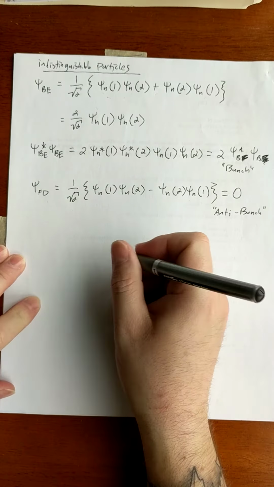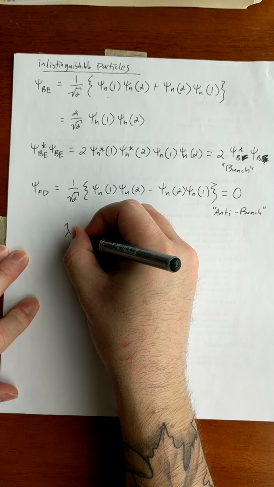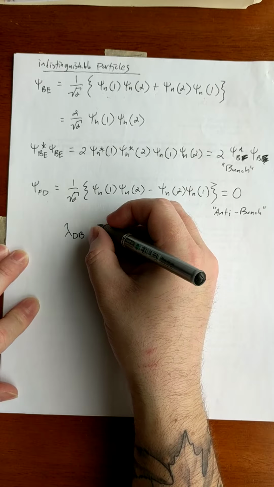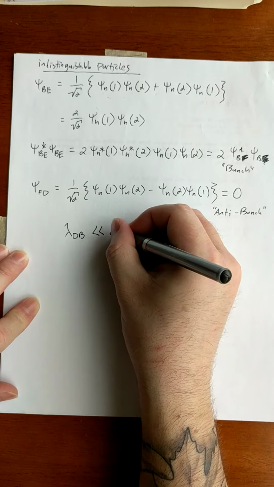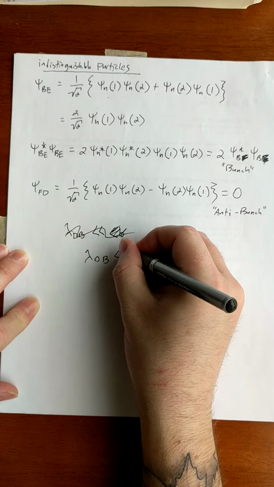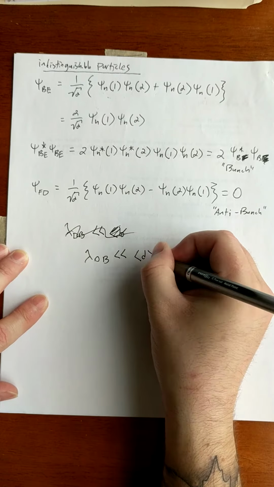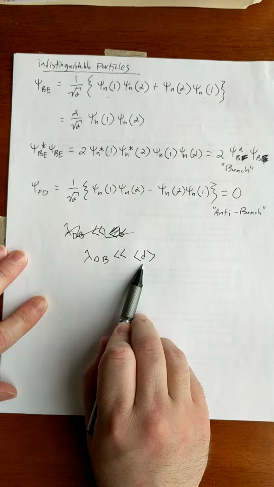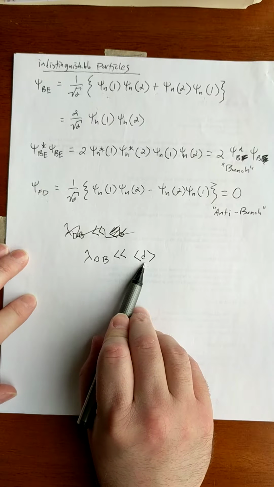So that condition is when the de Broglie wavelength is much less than the average separation or average distance between particles. So this caret means average or expectation value.